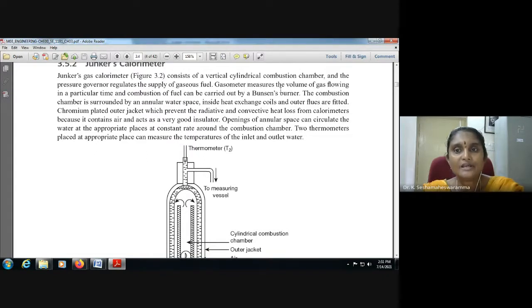The gasometer measures the volume of gas flowing in a particular time, and combustion of fuel can be carried out by a Bunsen burner.